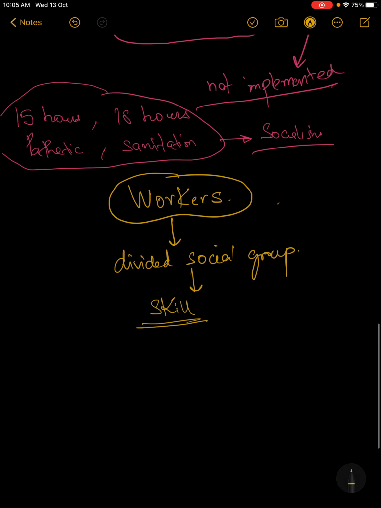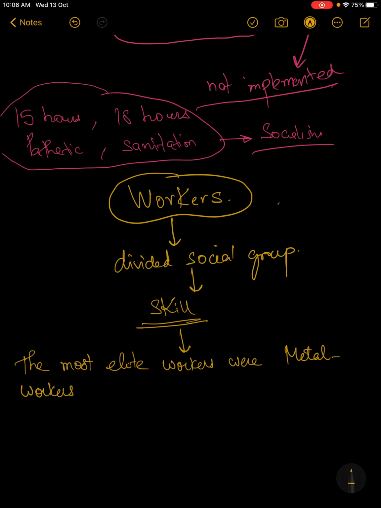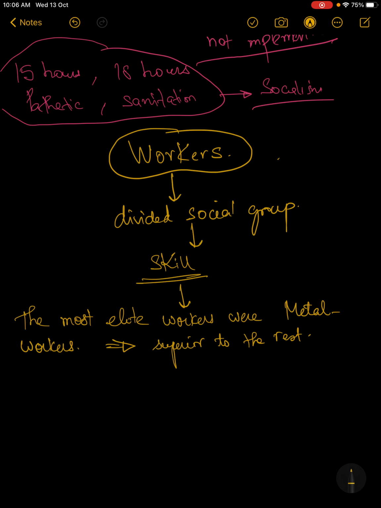Apparently in their hierarchy, the most elite workers were the metal workers. So they considered themselves to be superior to the rest of the workers.